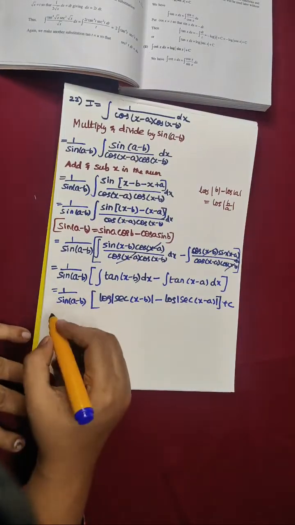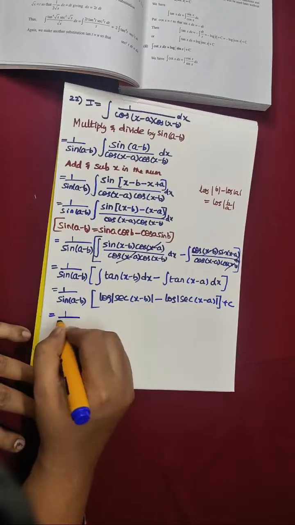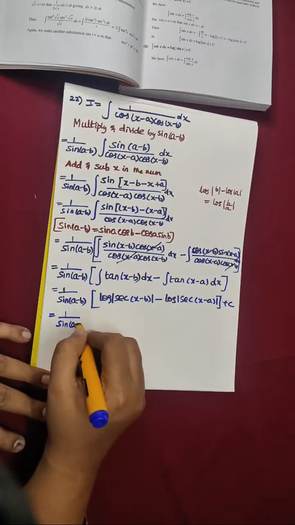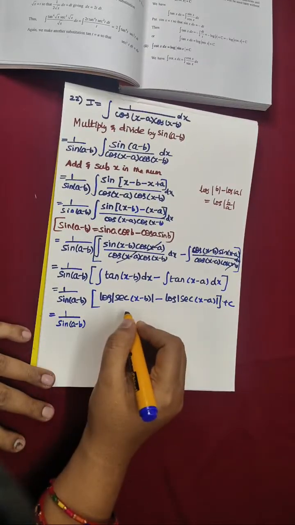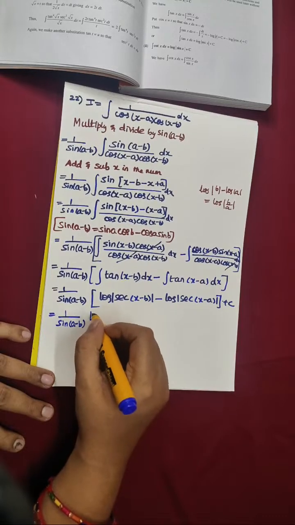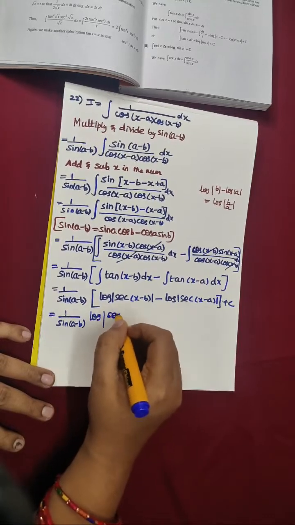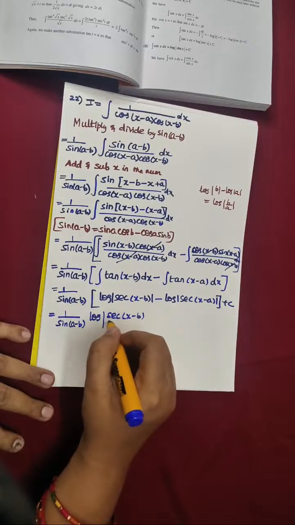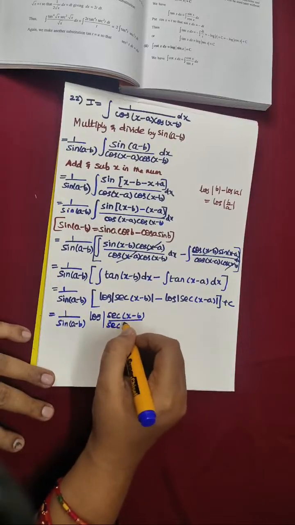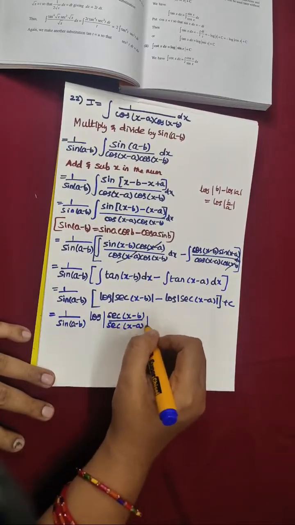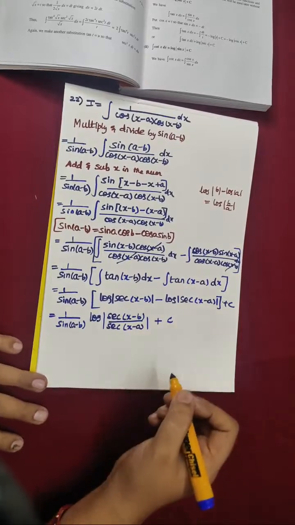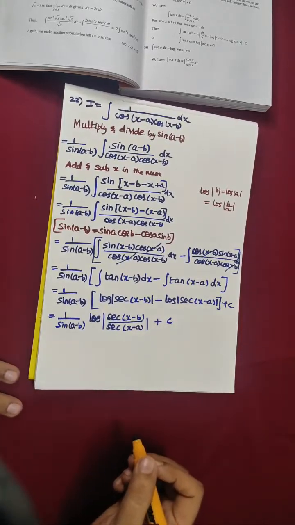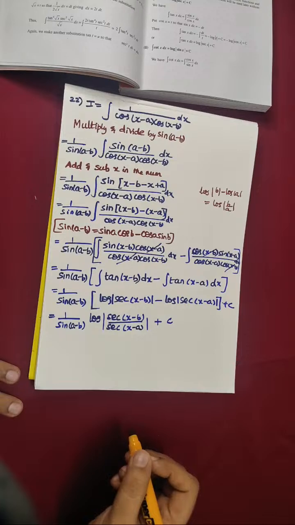So here 1 by sine of a minus b into log of secant of x minus b by secant of x minus a, plus c. This is the required answer.